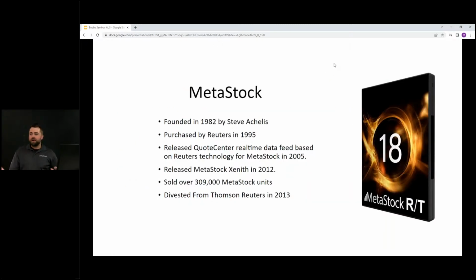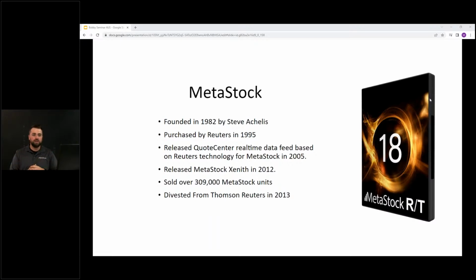So now that we've got that out of the way, I'd like to talk to you guys a little bit about what is MetaStock, for those of you joining us on YouTube or in GoToWebinar who haven't heard of MetaStock before. We were founded way back in 1982. A lot of people didn't even have computers back then, or know what a computer was.